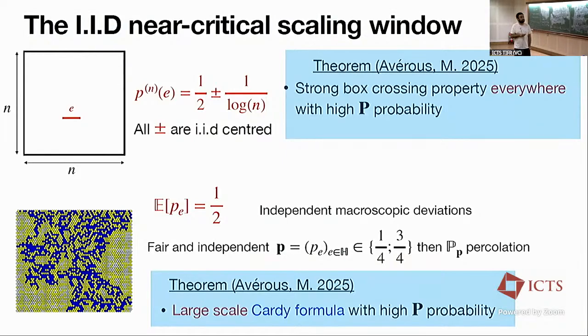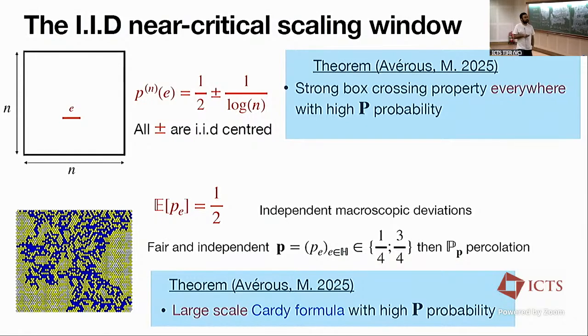You still have a model which is critical at every scale, so your box crossing property is preserved at every scale. For percolation, the independence between edges helps you go even further. I'm saying that criticality is preserved at every scale. That means every single box has a probability bounded away from 0 and 1 to be crossed.